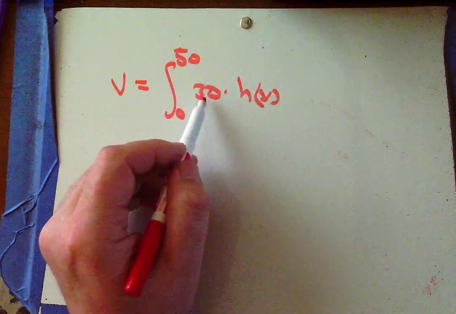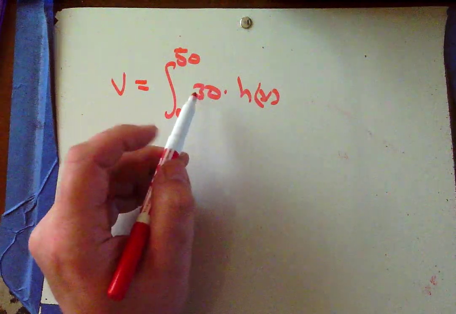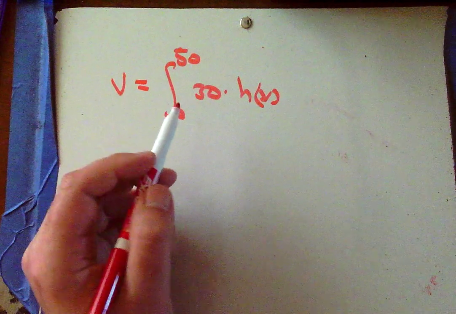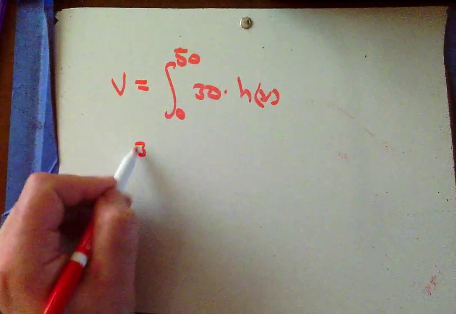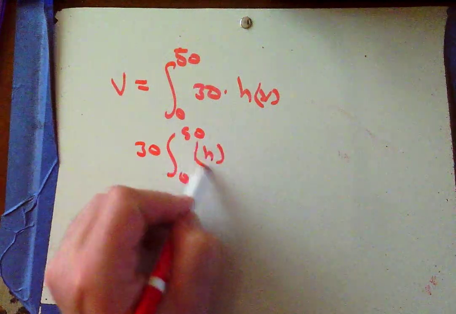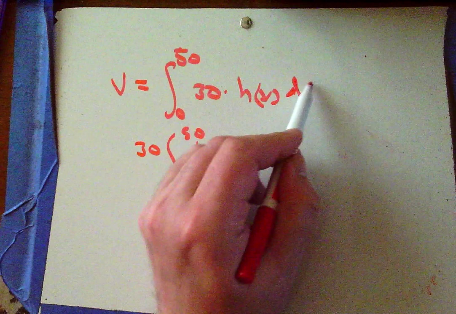So the depth is changing, but the shape of the top of the pool is not undulating along like the pond in problem number 9. So what do we have here? We just pull out that integral, 0 to 50 of h dx.